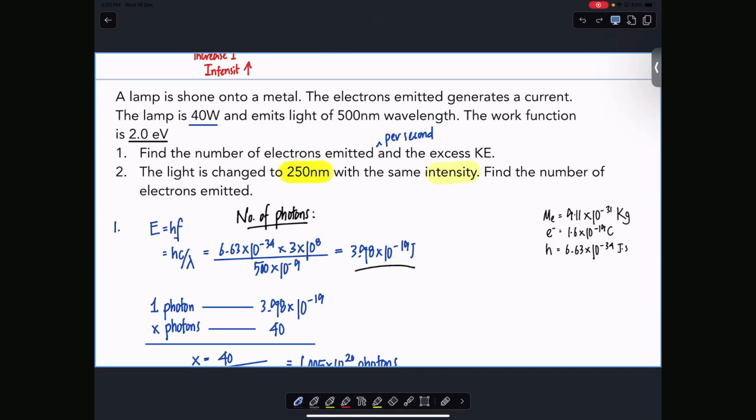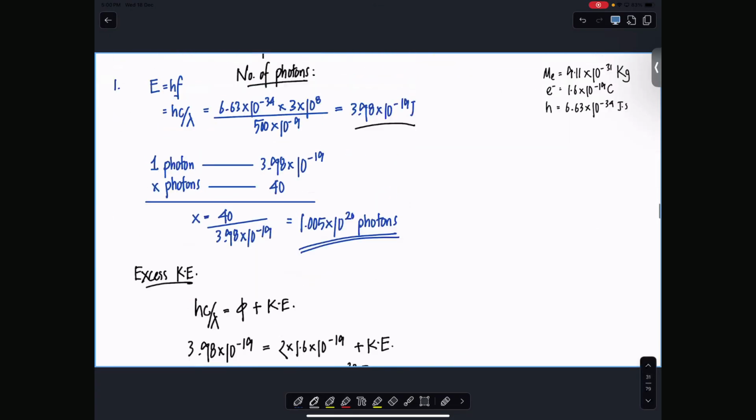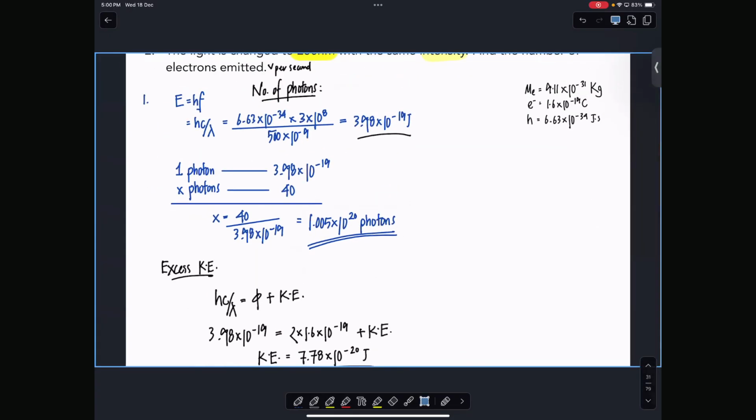Correct? So we'll do the same math we did a little earlier, but this time for 250. We'll basically repeat everything here.